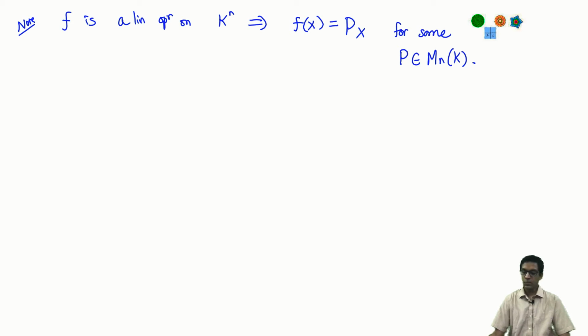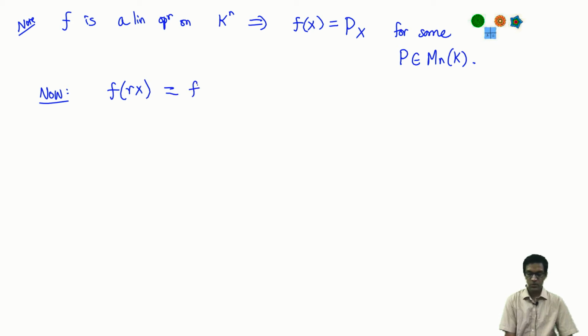Now the question is, what are the possible values of P? If I tell you what P is, I know what f is. So let me try and figure out: if f is a homomorphism of R modules, what does it tell me about this matrix P? So now let's use the full force of the hypothesis. f of Rx is R f of x, this is known.